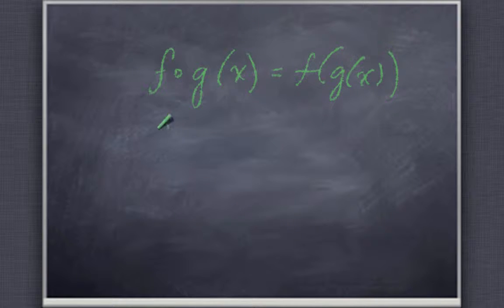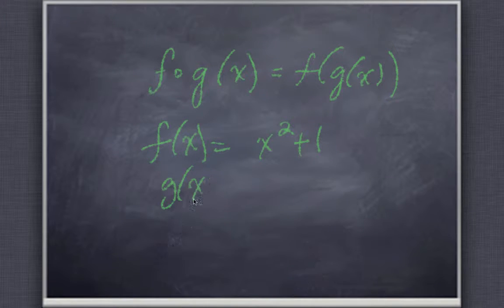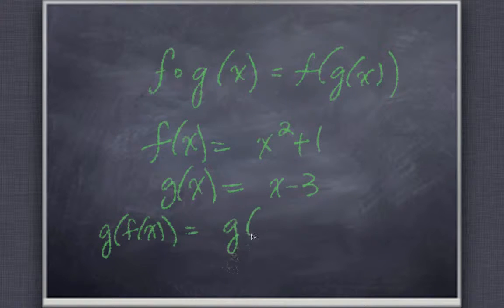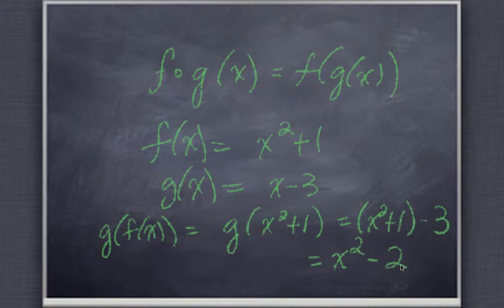So if, say, then g of f of x is g of x squared plus 1, so you put that where the x is, like that, so x squared minus 2.